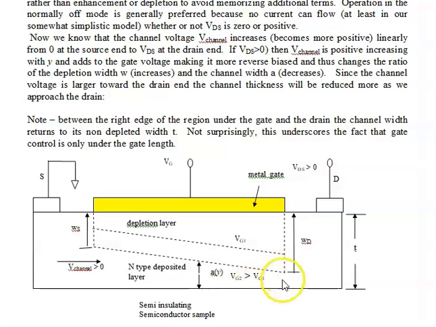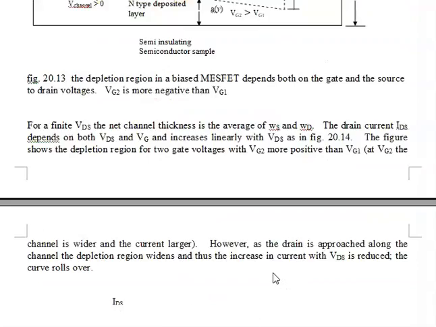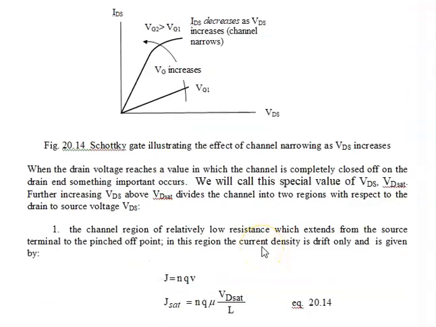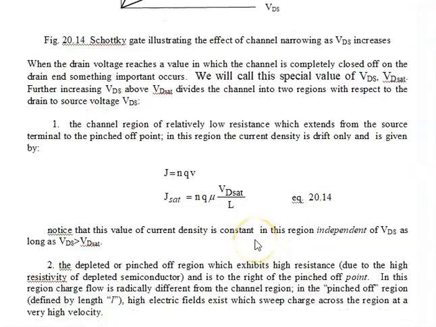For example, suppose this is closed off, so I have a high resistivity part in here, and I have a channel part during the rest. All voltages above VDsat will be dropped across the high resistance part of the depleted channel, and that is something we'll have a little review of next time.